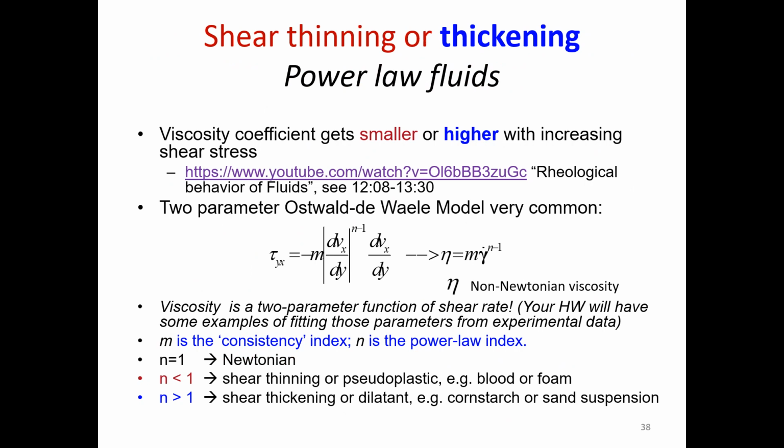For Bingham plastic, I have this, well, if tau yx is larger than the yield stress, if I actually have things flowing, then tau yx is tau 0 plus mu 0 gamma dot.